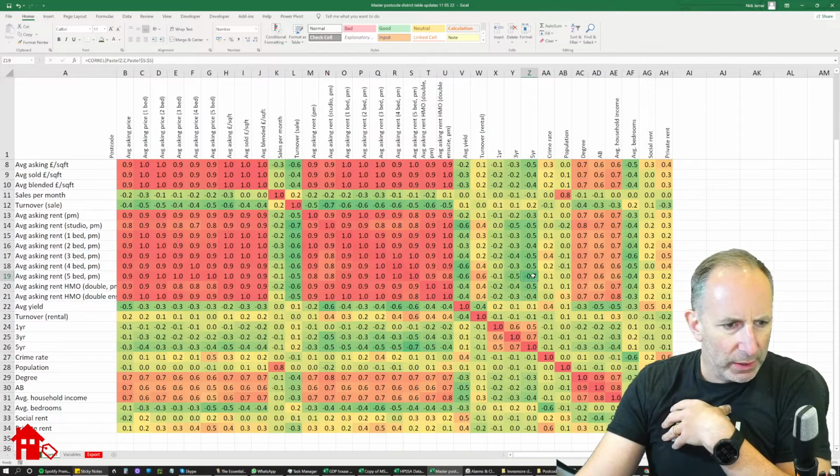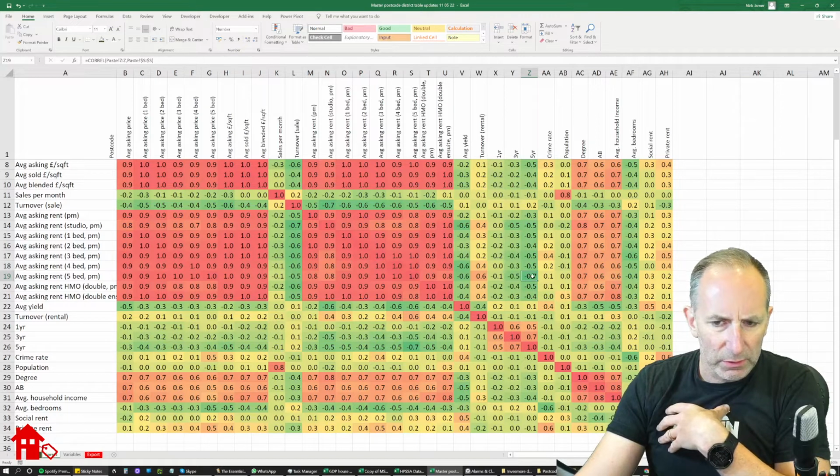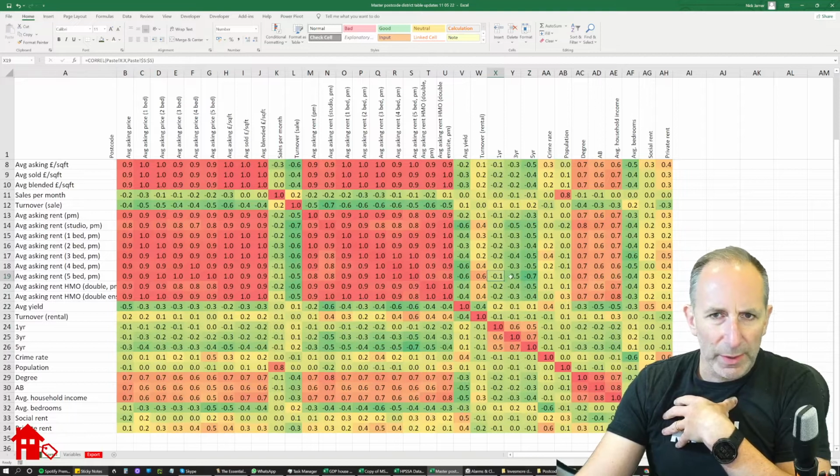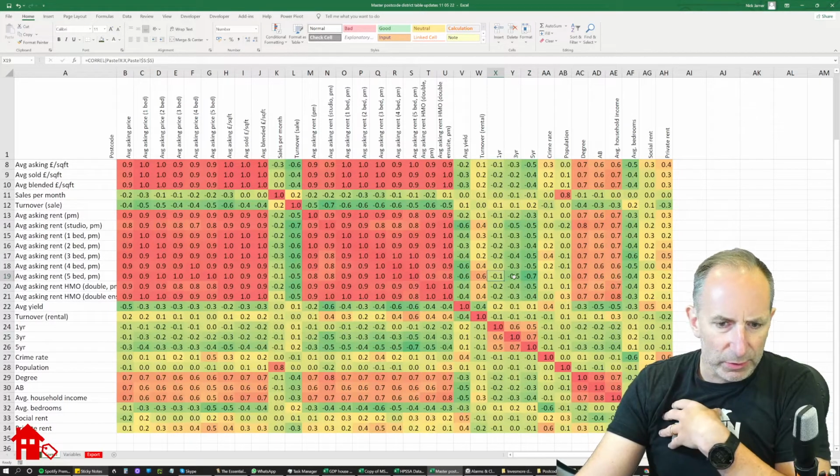For example, here, the properties with big 5-bedroom houses for rent, they have the least capital gain, for instance. And it just kind of nukes the whole assumption of, well, buy in an expensive area, it'll always go up. That's just not the case at all.